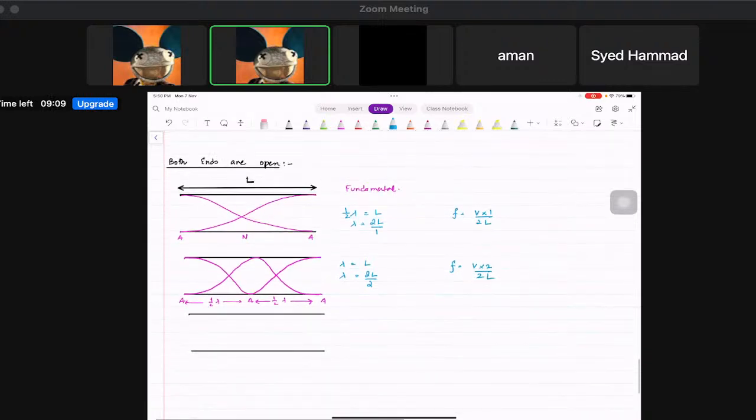For this one, there will be basically, oh my god, I made more. Like this, right? So ignore the drawing. So this is going to be antinode, antinode, antinode, antinode.